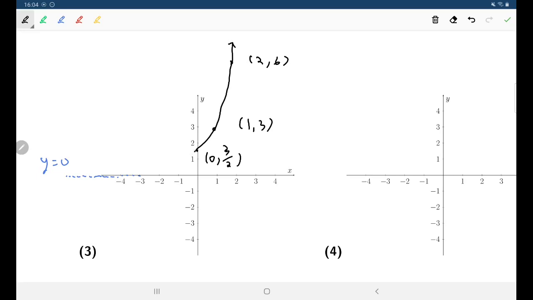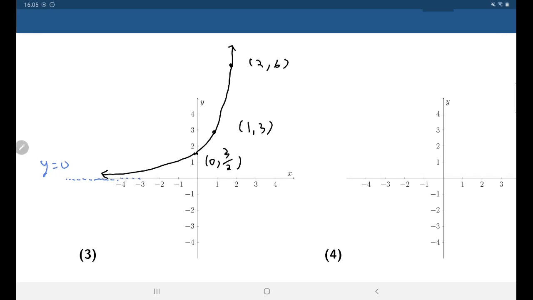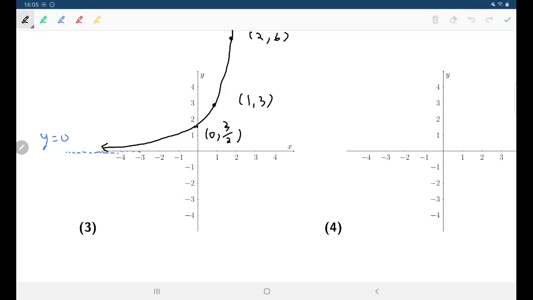That will move it up and down along with the graph itself. But other than that, that's the only transformation that will affect my horizontal asymptote. So right now, shifting it to the right and stretching it vertically haven't changed the location of my horizontal asymptote. And so this is the graph of y equals 3 times 2 to the x minus 1.